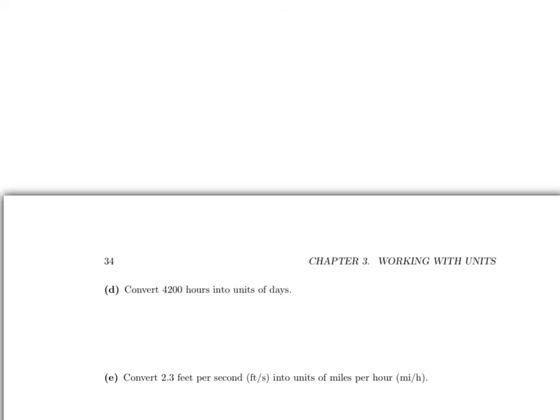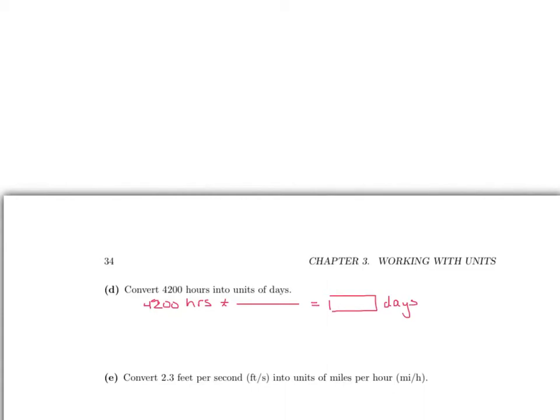Now let's look at part D. We want to convert 4,200 hours into units of days. So we start this the same way by writing down what we are given, 4,200 hours, and we need to multiply this by a conversion factor so that when we are done we will have a numerical value and the units will be days.